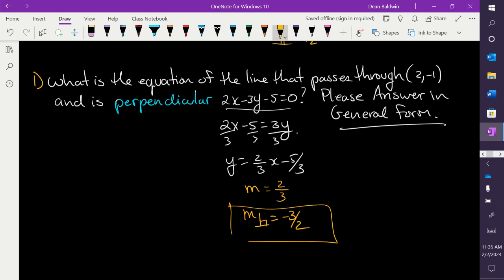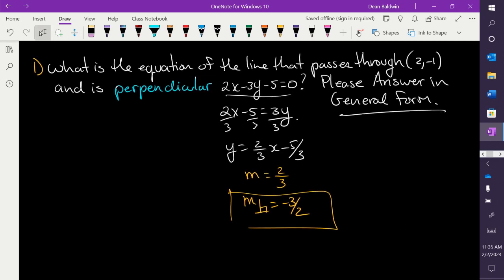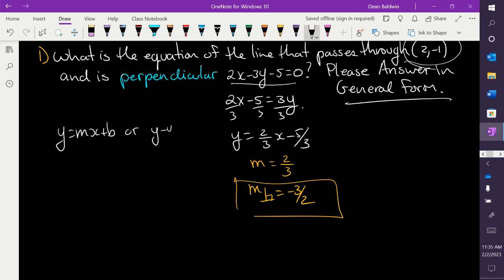What other information do we have? There you go. You have the x and y values. And we have choices. We can use mx plus b, or you can use the point-slope form. It doesn't matter which one you use. I'll do it both ways.